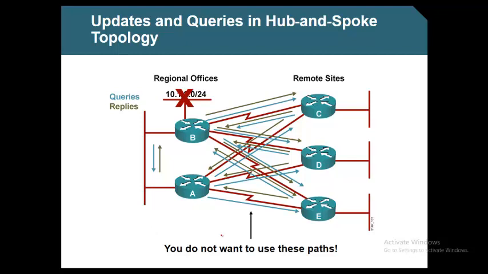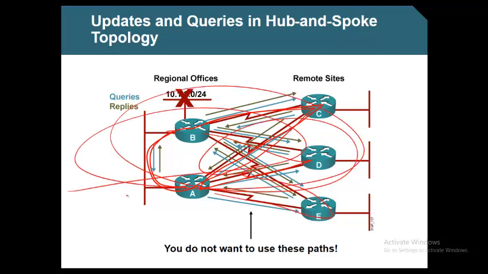See, the query that goes like this here comes back here, and then again comes back here. And then the query that went like this comes back, goes here, comes back. This is a very big chaos. It's looping.